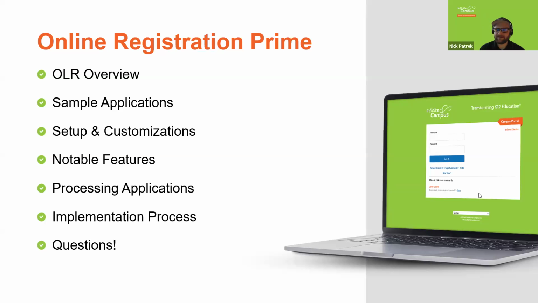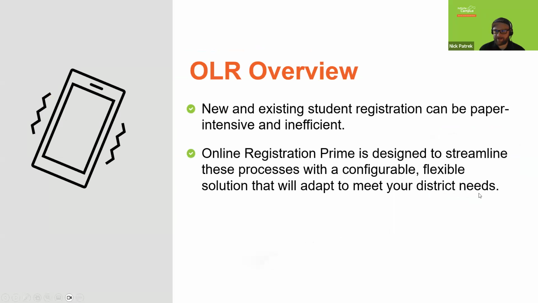All right. So let's talk a little bit about OLR overall. What is it? What is it used for? Generally speaking, online registration is going to be used both for your brand new families as well as for your existing families. The new families is traditionally what we think about when we think about online registration.